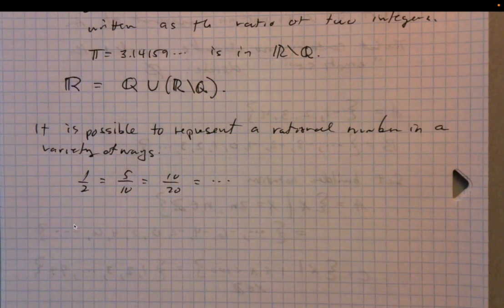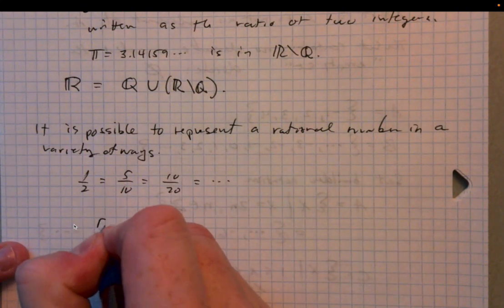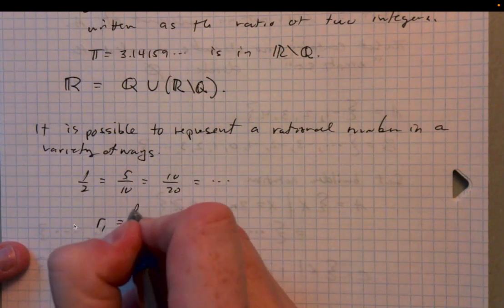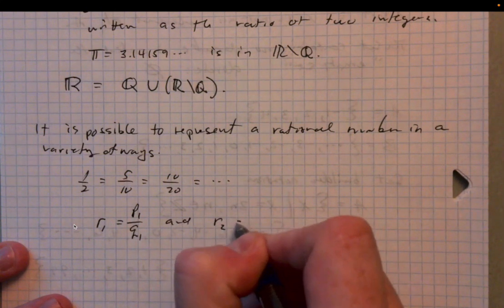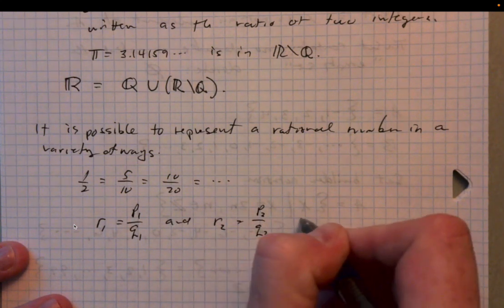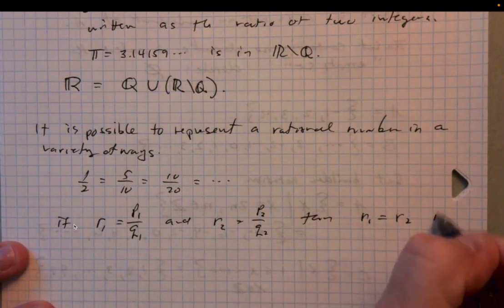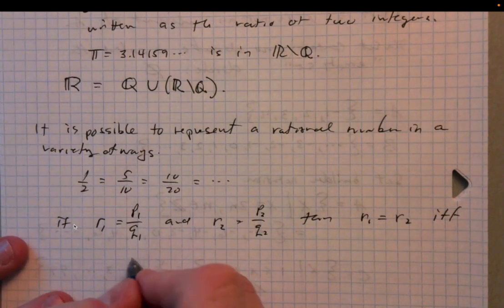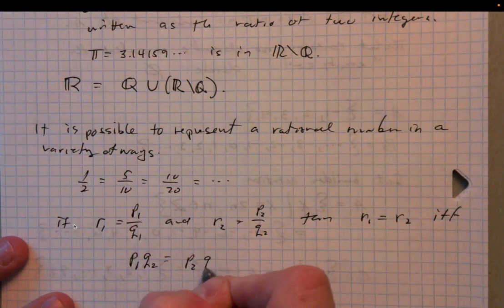In acknowledgement of this fact, we'll frequently resort to the following test to determine whether two rational numbers are equal. If we say that the first rational number is P1/Q1, and the second rational number is P2/Q2, then R1 equals R2 if and only if P1 Q2 equals P2 Q1.